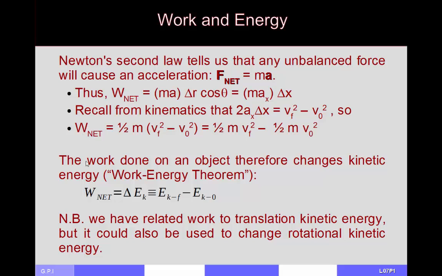So the net amount of work done, if you substitute this into this equation, is going to look like 1/2 times the mass times the difference in squares of the speeds. Let's look at that for a second.